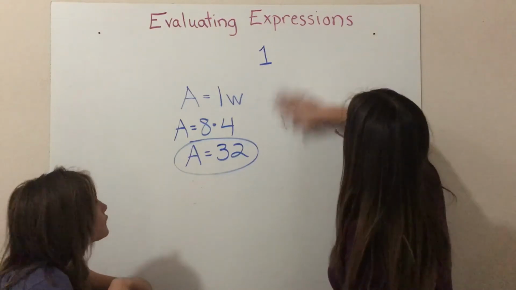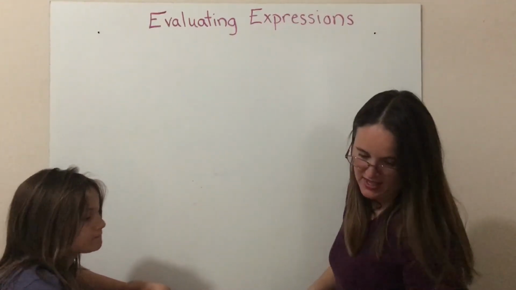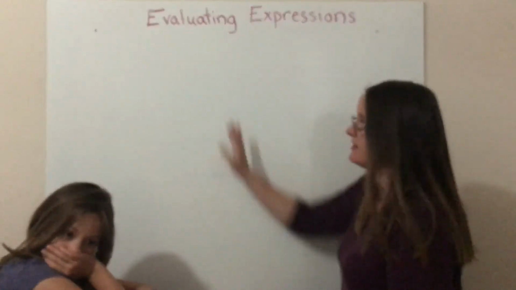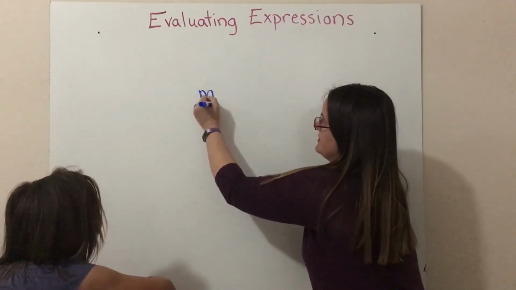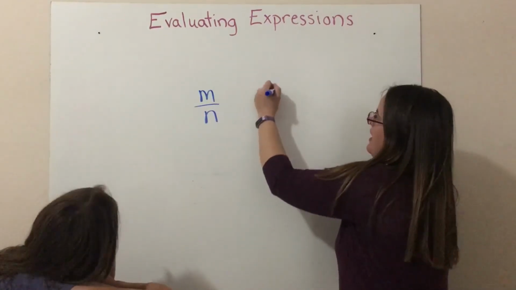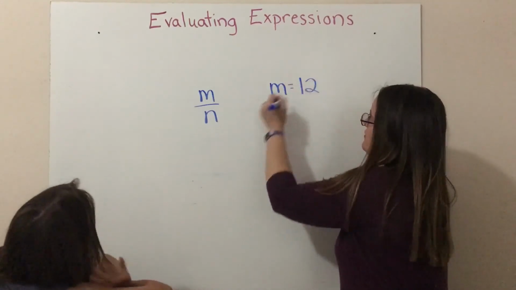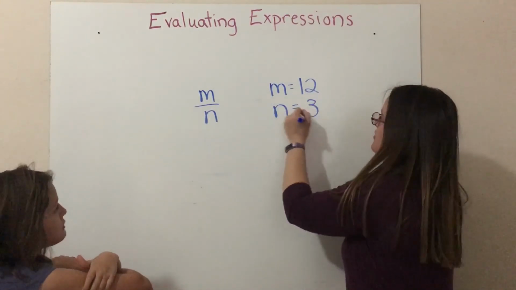Problem F. We have a division problem here. It says evaluate, fancy word for solve. Evaluate M divided by N using M equals 12 and N equals 3.